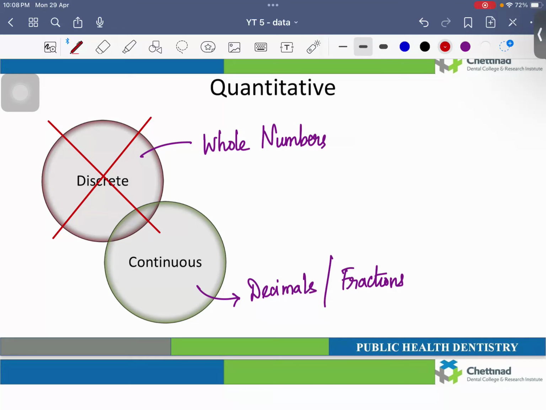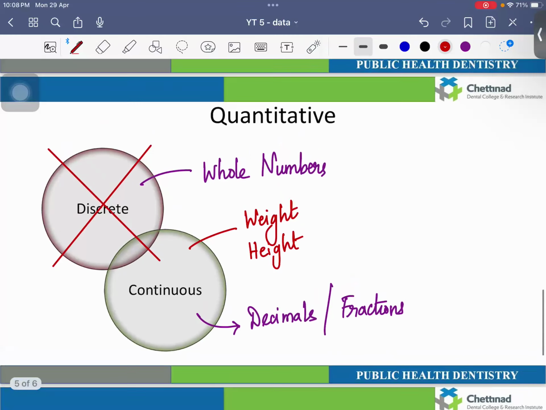Whereas for continuous data, remember, for example, imagine weight or height. Weight in kilograms or pounds.